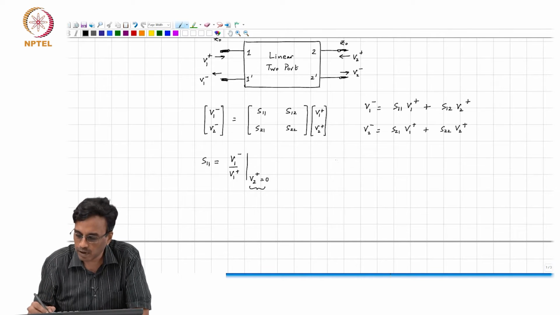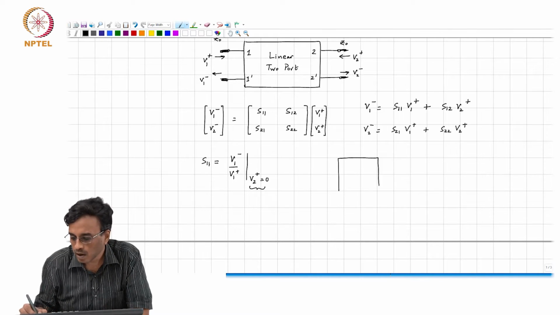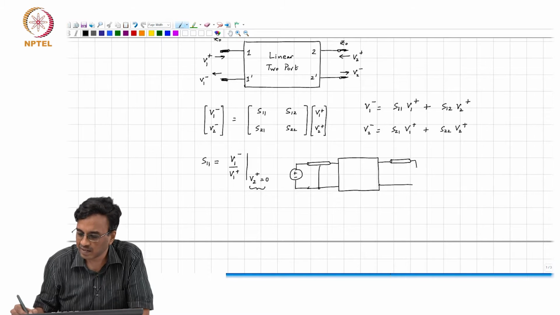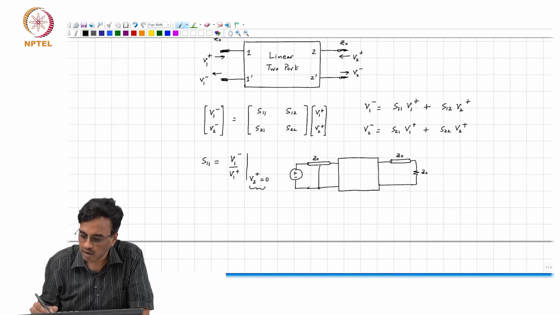So, the test setup therefore is you have our 2 port. We have some voltage source here, and then we have this transmission line, and then we have another transmission line here. The length of these lines can be 0. This is Z0 and this is Z0 and this is Z0, and so this is V1 plus.